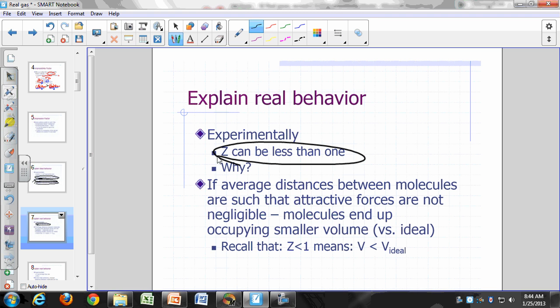So if the average distance between molecules is such that the attractive forces are not negligible, then the entire set of molecules could end up occupying a smaller volume compared to the ideal case. So in this case, Z would be less than 1, and your volume would be less than ideal.